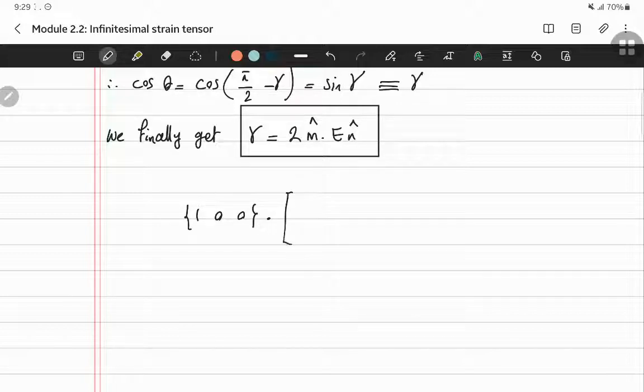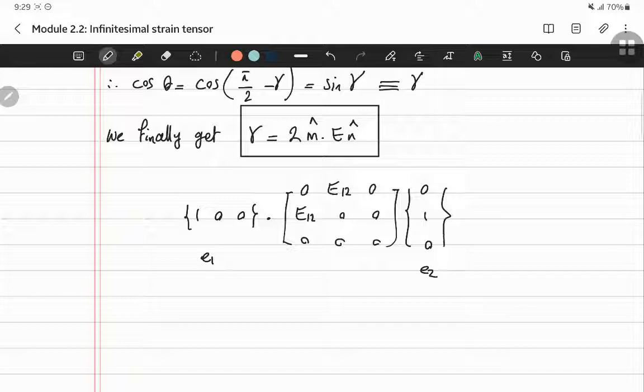Then I have E, and this is, for example, 0, E12, 0, E12, 0, 0, and I have N as 0. So it is E1, this is E2, so it is 1.